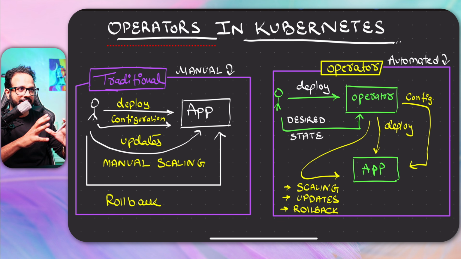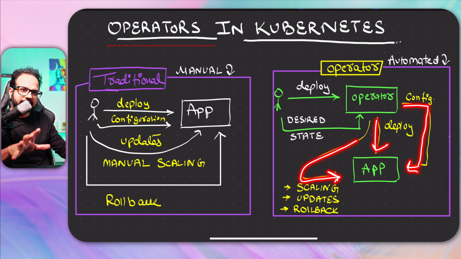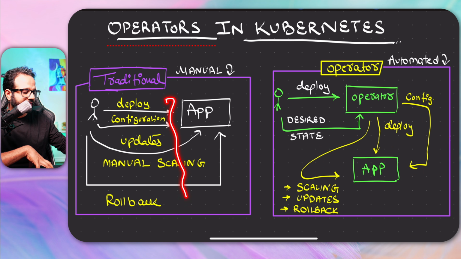This is what I want to do with the operator. This is what I want my operator to do. And then operator is responsible for performing the configuration changes, the deployment, and all other aspects like scaling, updates, rollback, everything that was manual over here. Right now it will be done by operator in the operator pattern.